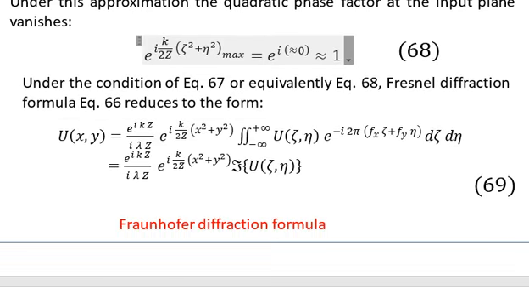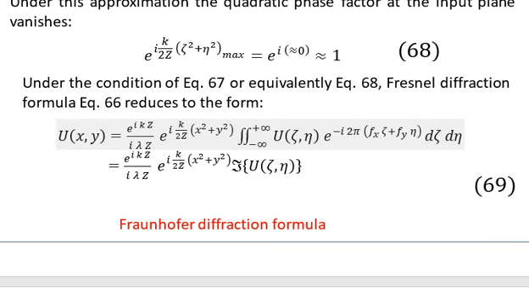In equation number 69 we have u of x y equal to e to the power iota kz over iota lambda z, multiplied by the quadratic phase factor at the output plane, which is e to the power iota k over 2z multiplied by x square plus y square, and within the integral, from minus infinity to plus infinity, we have the field u of zeta and eta, and another term e to the power minus iota 2 pi into fx zeta plus fy eta.